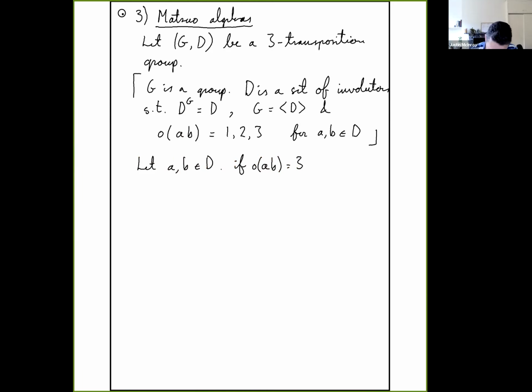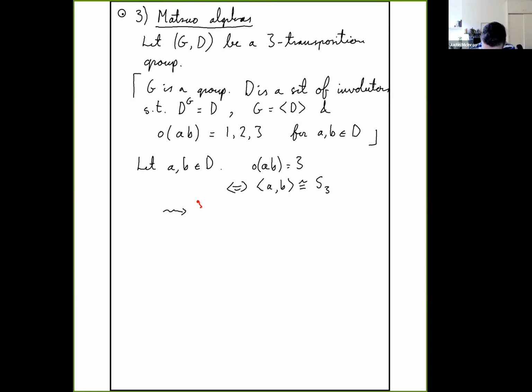Well, this happens actually if and only if AB is the group S3. So that's the dihedral group of order 6, another way of saying that. In particular, there's only one other. How many involutions are there in S3? Well, there's (1 2), (1 3), and (2 3). So A and B must be 2 of these. So there must be a third.